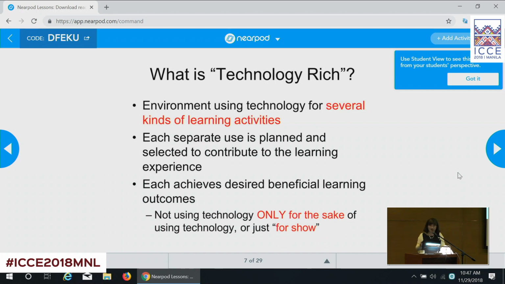And in this environment, technology will be used for several different kinds of learning activities. Remember that each separate use of technology should be planned and selected carefully in order to contribute to student learning experiences. And each separate use will finally lead to the desired beneficial learning outcome.